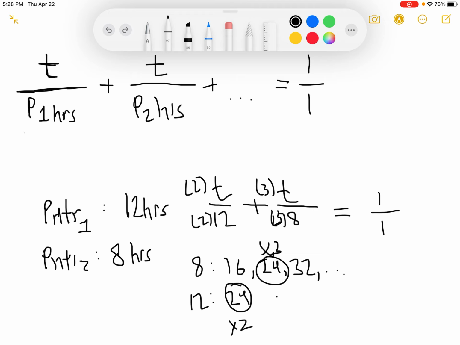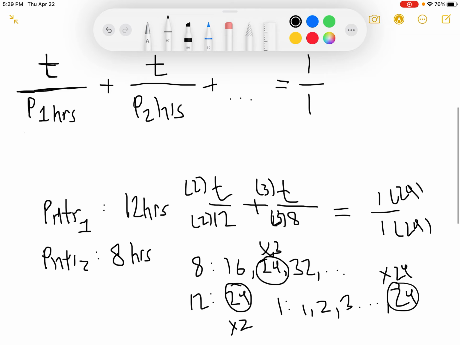Basically you could also write down a 1 and you would see 1 times 1, 1, 1 times 2, 2, 3, etc. And once you did 1 times 24, you would get 24. So if it took 24 for all three of these to be the same, you have to multiply that by 24. Obviously, you might just know that off the top of your head. Oh, those can all be 24. But just in case you wanted to know the exact way to find it.